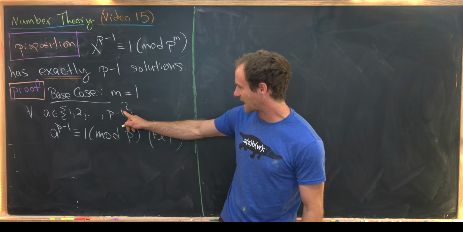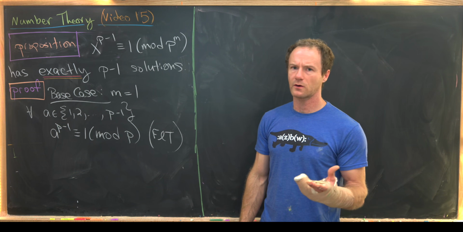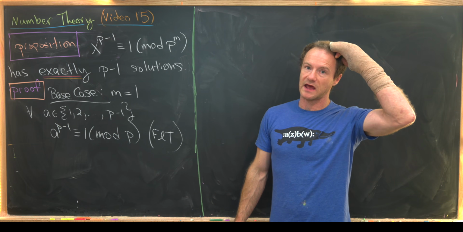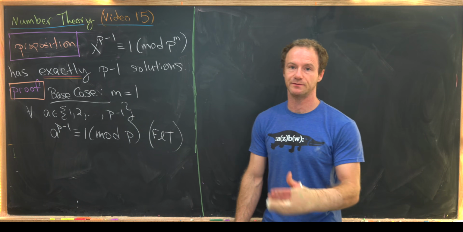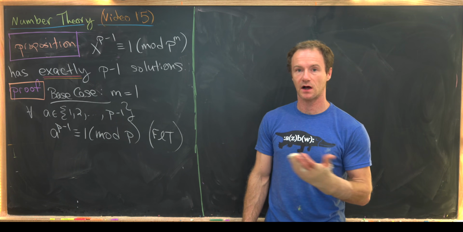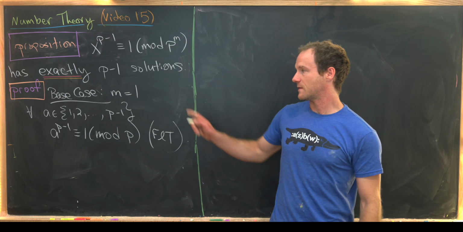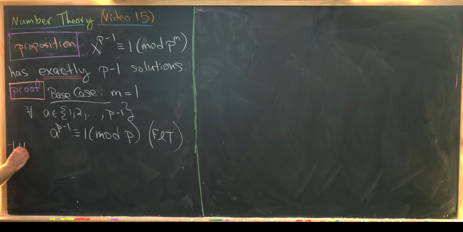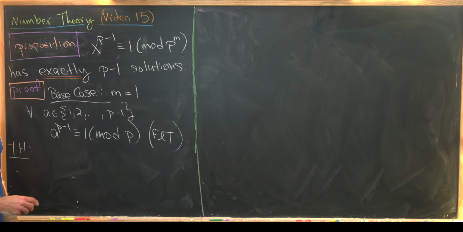Notice that there are exactly p minus 1 numbers that a can come from, but there are only p residues modulo p, and the one excluded residue is clearly not a solution because 0 to the p minus 1 is congruent to 0. It is not congruent to 1. Okay, so Fermat's little theorem takes care of the base case. So now let's make an induction hypothesis. And the induction hypothesis will go like this.